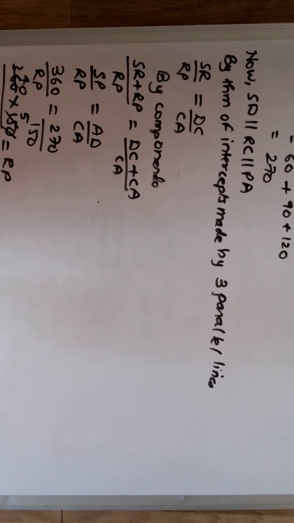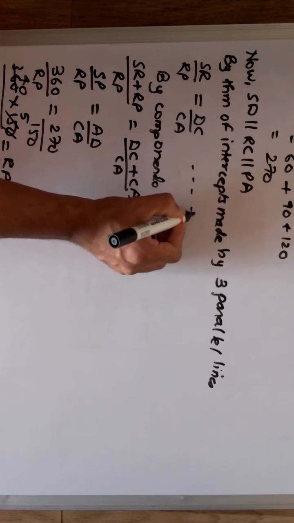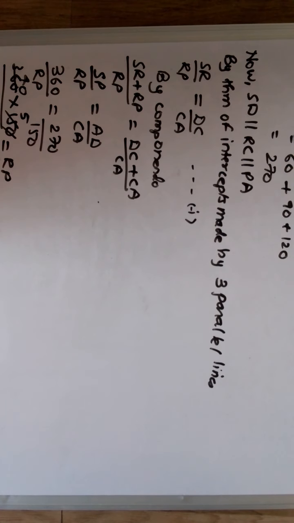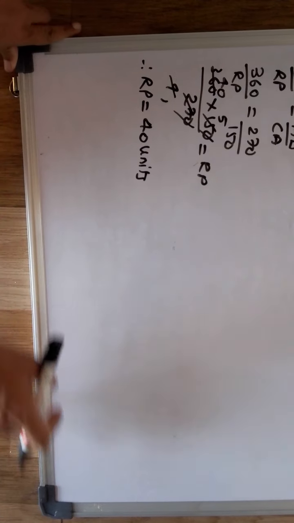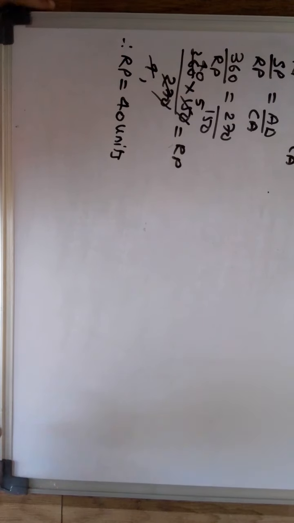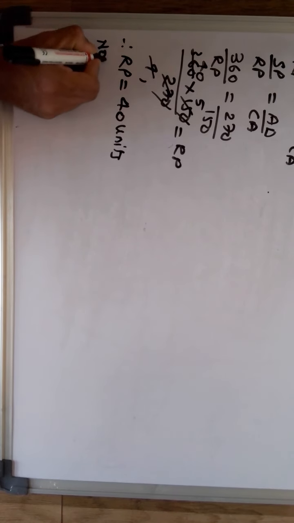Now I think you can see here, it is this one. SR, which I don't know right now, RP I got, DC already I know, and CA already I know. So I'll directly put it in 1. So SR I can get directly.